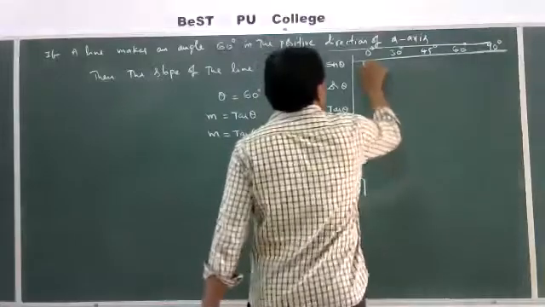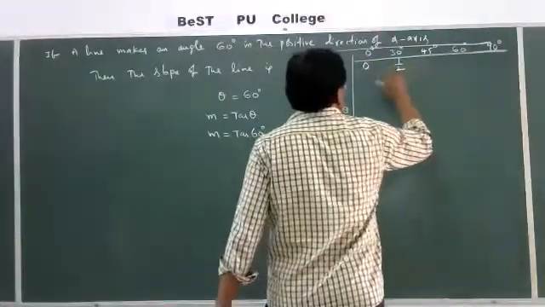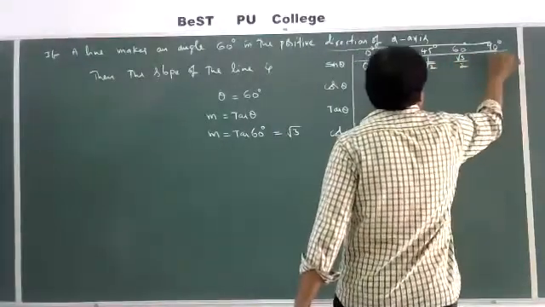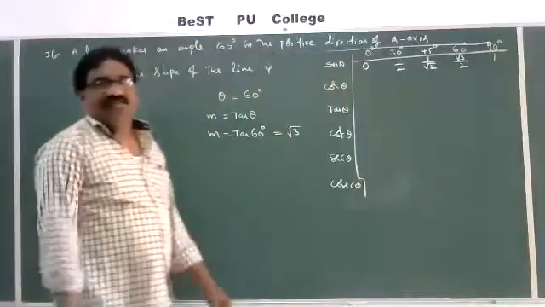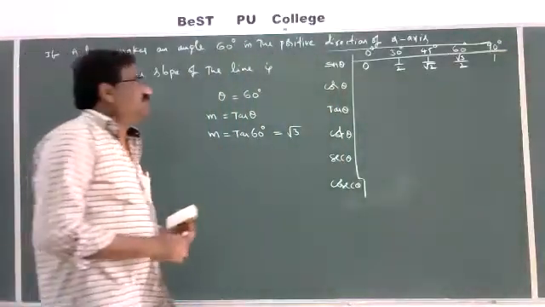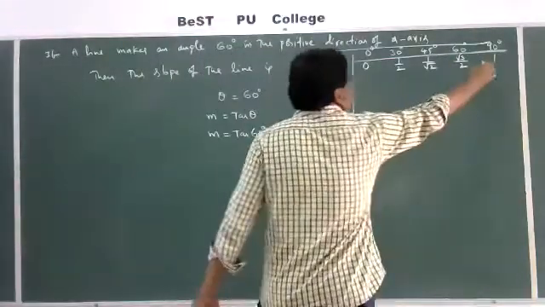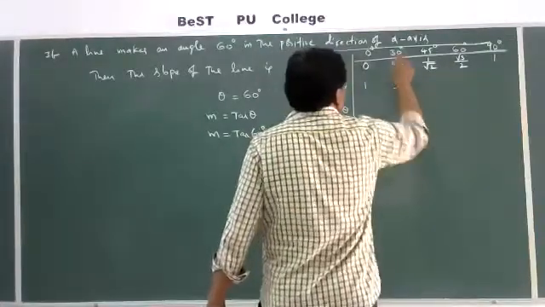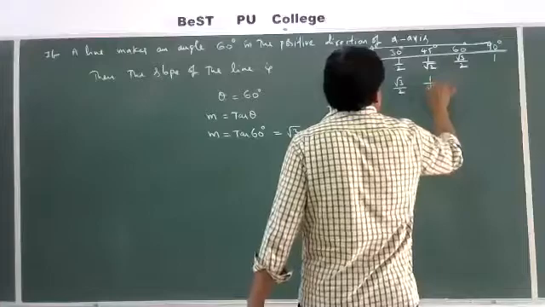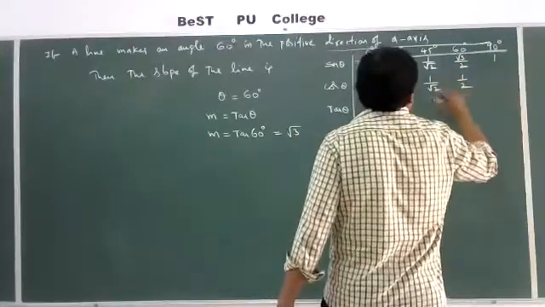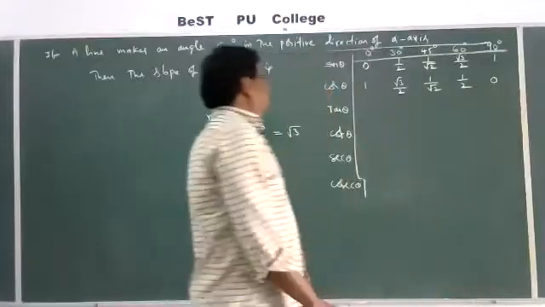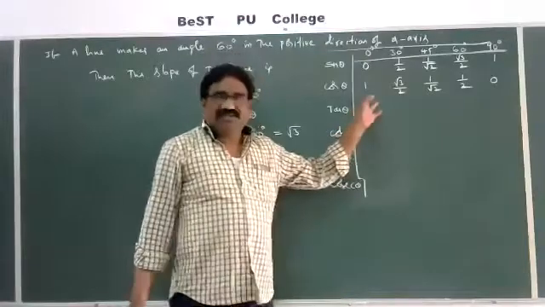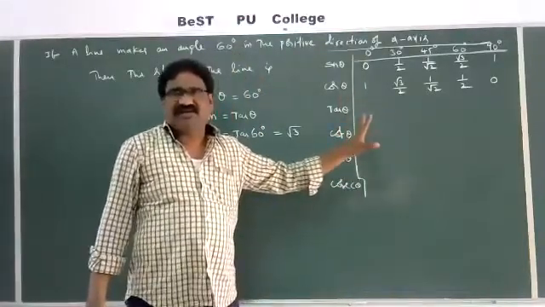Sin 0 is 0, sin 30 degrees is 1 by 2, sin 45 is 1 by root 2, sin 60 is root 3 by 2, sin 90 is 1. At minimum these values are required in these problems. Cos theta is the reverse: cos 0 is 1, cos 30 is root 3 by 2, cos 45 is 1 by root 2, cos 60 is 1 by 2, cos 90 is 0. You remember these formulas and values.